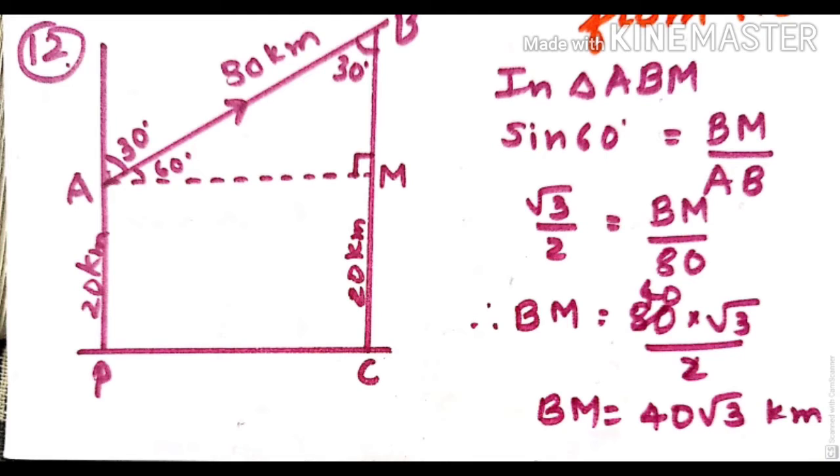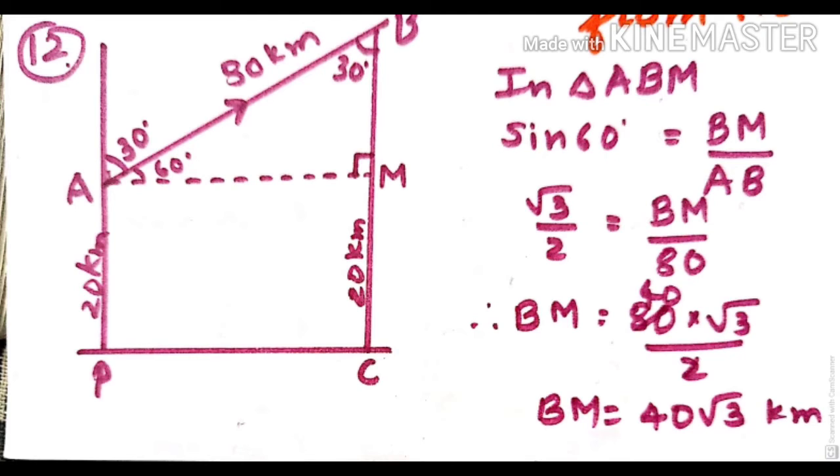Now for the BM value, I will take sine 60 degrees in triangle ABM. Sine means opposite upon hypotenuse. So in triangle ABM, opposite to 60 degrees is BM and the hypotenuse is AB. So I have written sine 60 degrees is equal to BM upon AB.